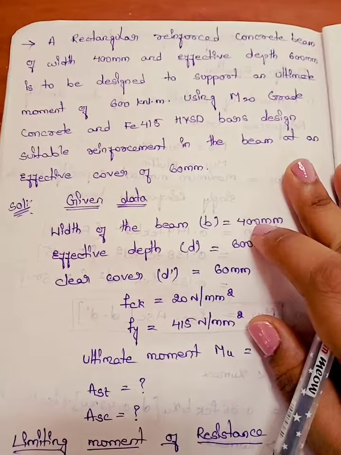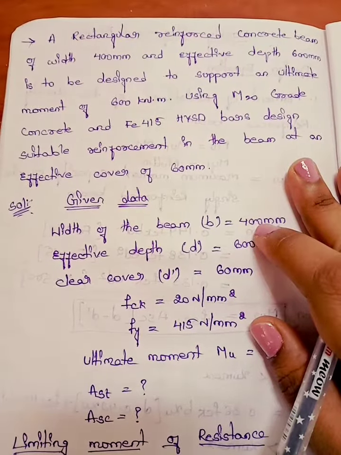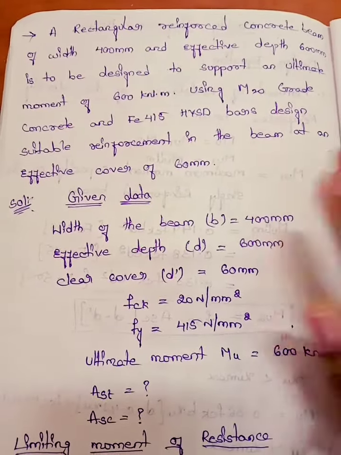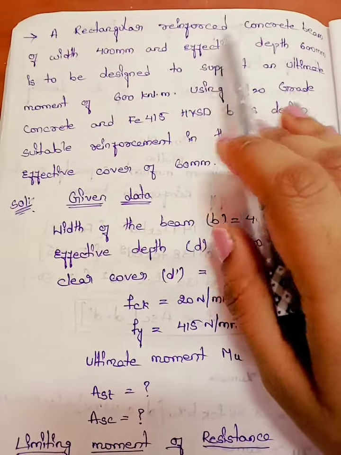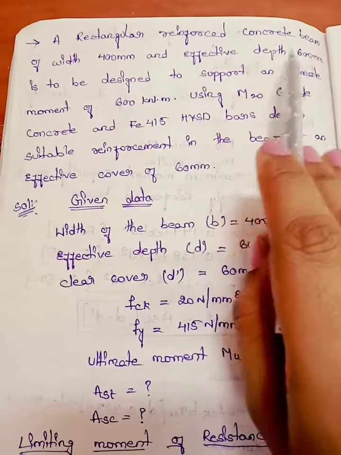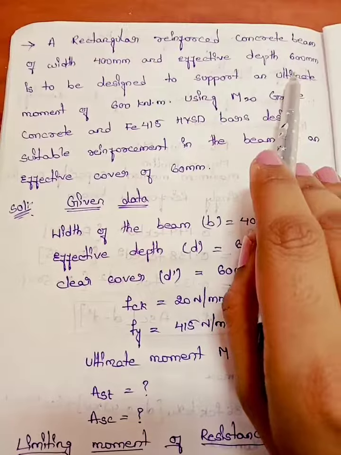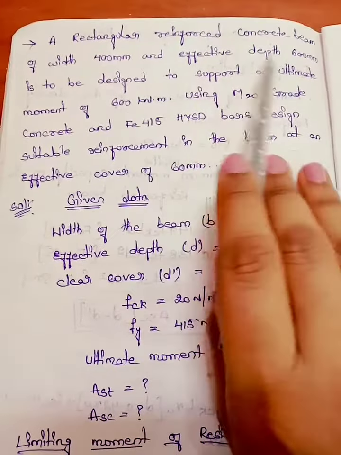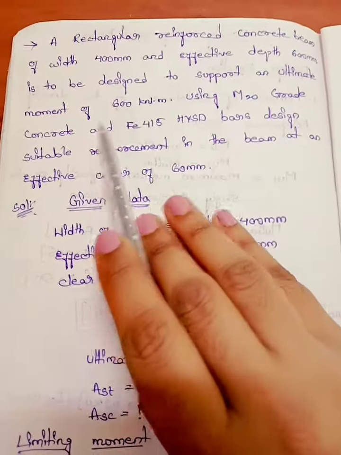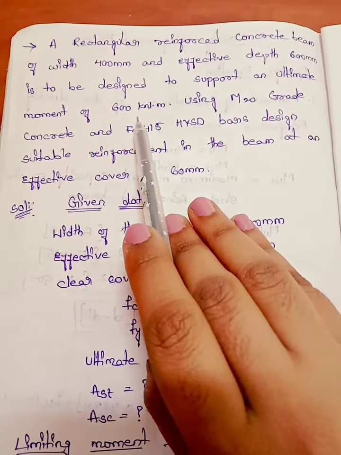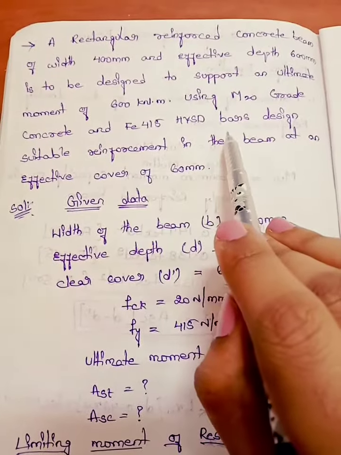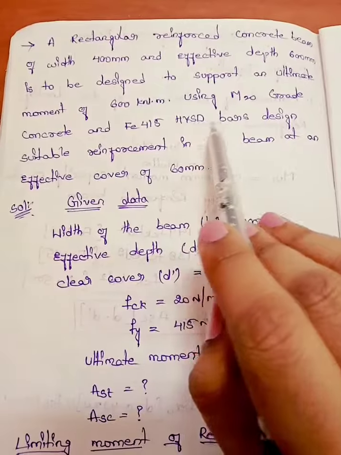In this video, I am going to explain how to design a suitable reinforcement in the beam. Let's see the question. A rectangular reinforced concrete beam of width 400 mm and effective depth 600 mm is to be designed to support an ultimate moment of 600 kilonewton meter using M20 grade concrete and Fe415 HYSD bars.